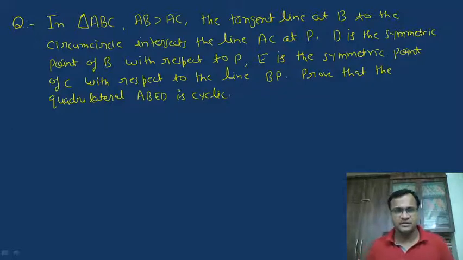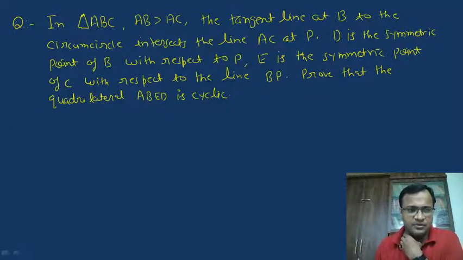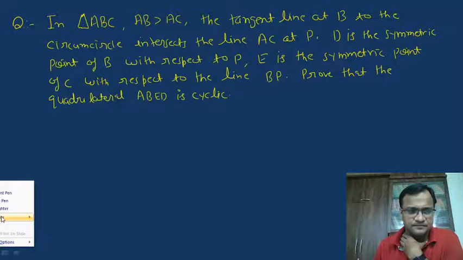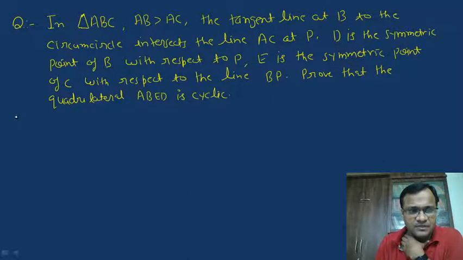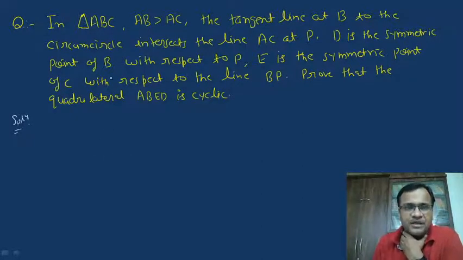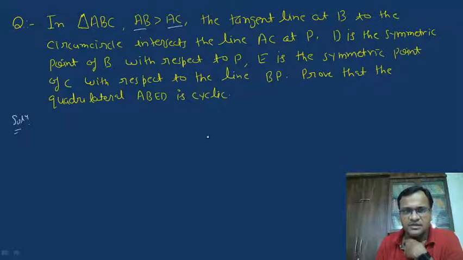Okay, fine. So first I am going to draw the figure. It is necessary to change the color to make some difference. There is a triangle ABC where the side length AB is greater than AC, so I can draw something like that.